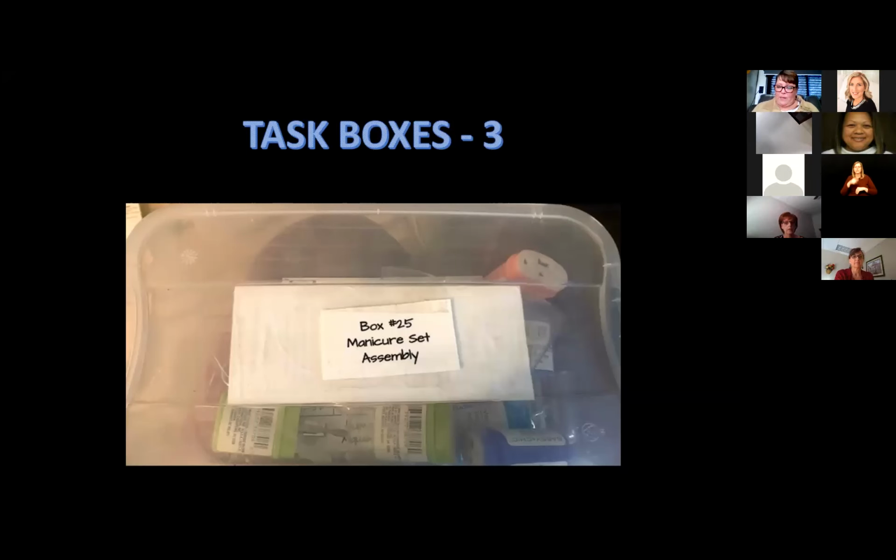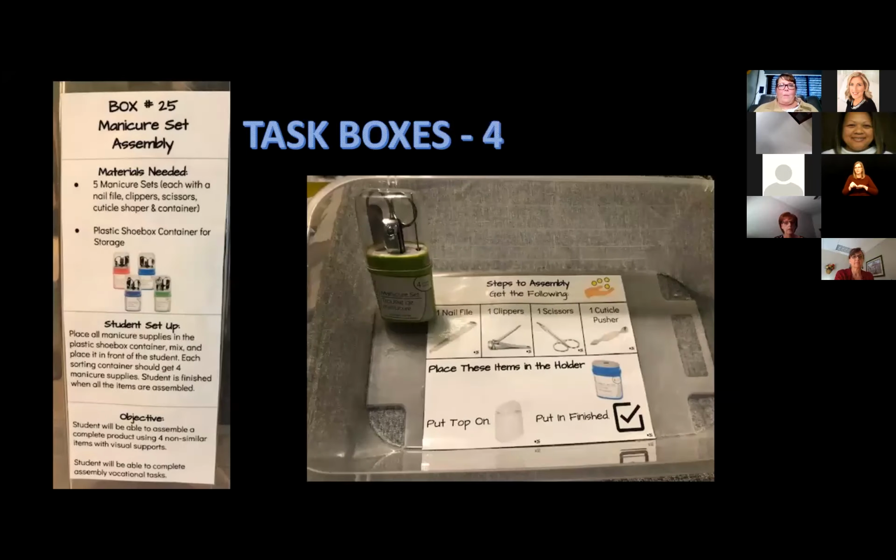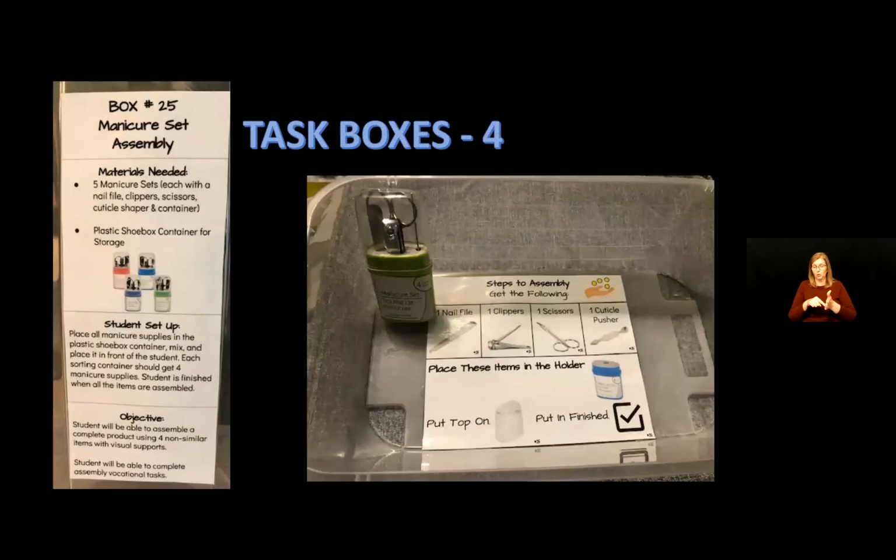And this one is a little bit more complex. I wanted to show you how this box is set up. The name of what is going on is always on the top and on the side of the box. And this is the manicure set assembly. That's what it kind of looks like. The inside of the box is where you see the contents.